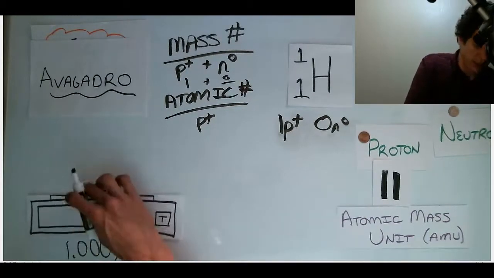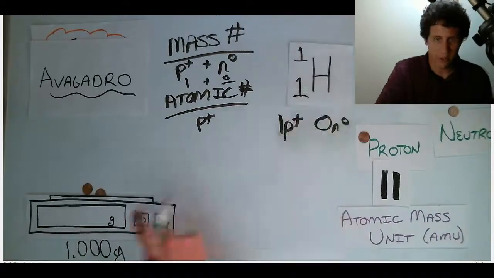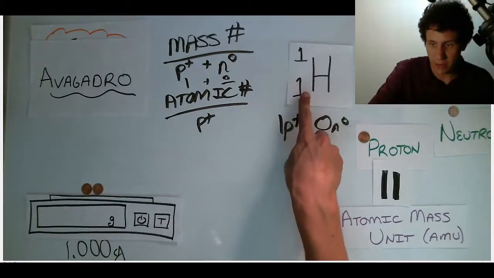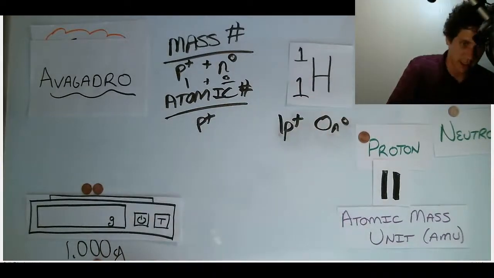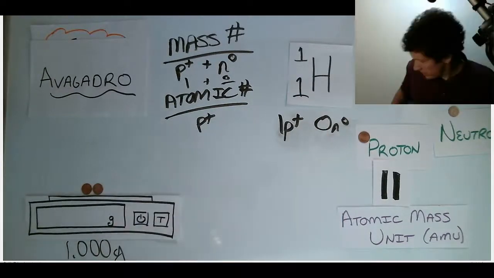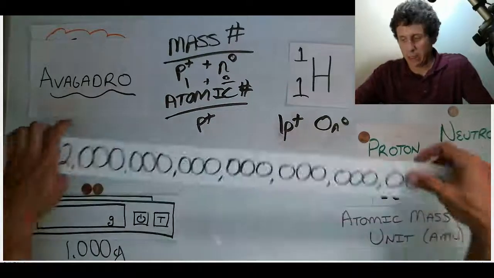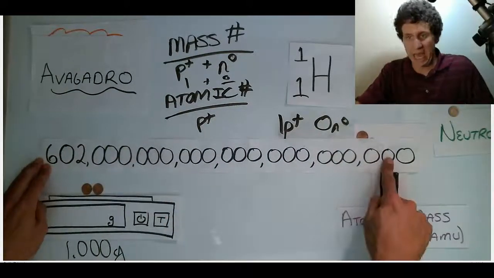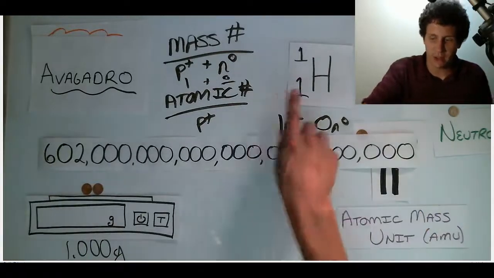It turns out, if I have hydrogen 1, which is what we're modeling, and I want to get to 1 gram because I want the atomic mass units to equal the same in grams, I would need 6 million trillion atoms of hydrogen 1.